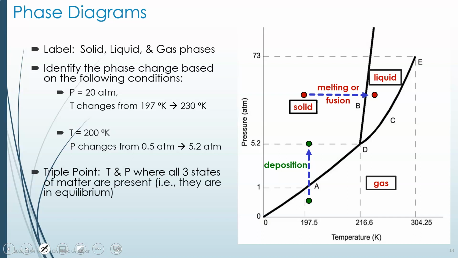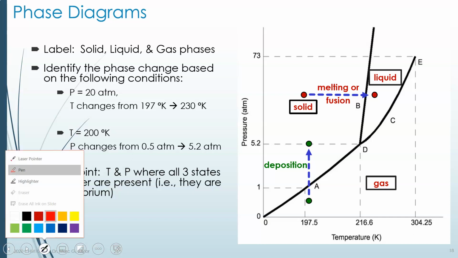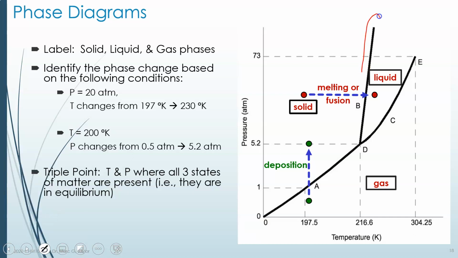Now, the triple point is something we haven't talked about. The triple point is defined as the temperature and pressure where all three states are possible. Now, something I didn't directly state before, but if you looked at, say, the lines between these different phases, this line right here, if you're anywhere on that line, you're in a place that can have both the solid and the liquid present.